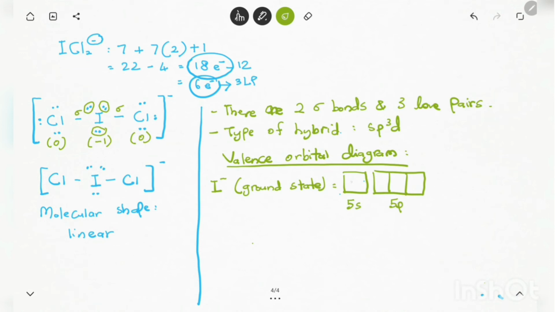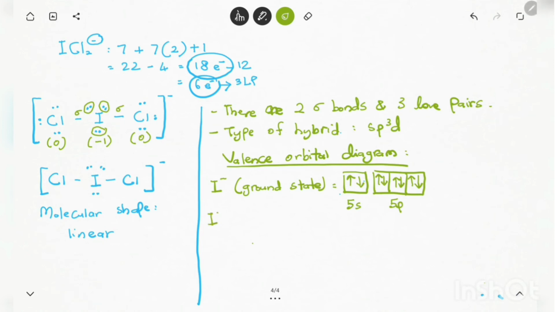We have 7 valence electrons originally, but since iodine carries -1 charge, it has received 1 electron. So here we have 8 valence electrons in I minus. So this is the ground state.